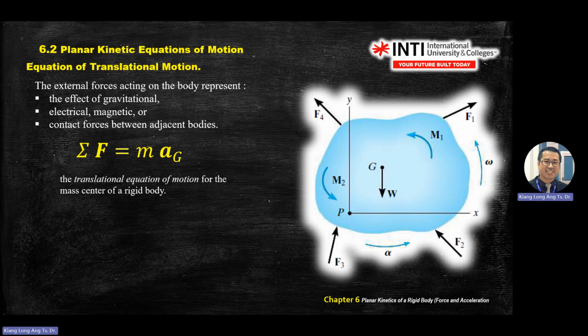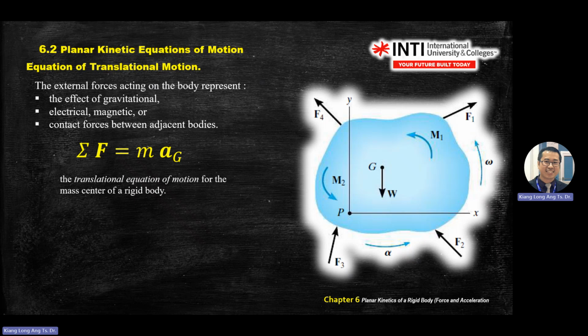Starting from chapter 6 onwards, you need to draw two diagrams. One is the free body diagram, which has all the external forces. The other is the kinematic diagram, where you draw your a and v, angular acceleration and angular rotation velocity, in another diagram.